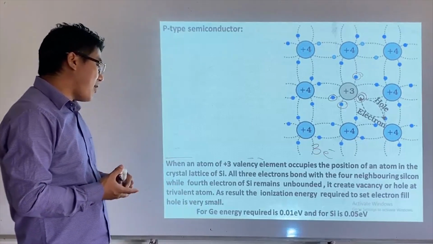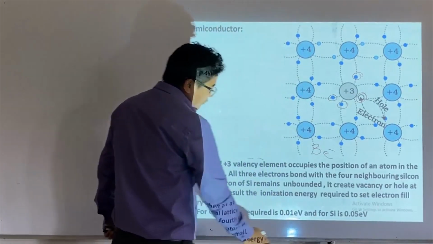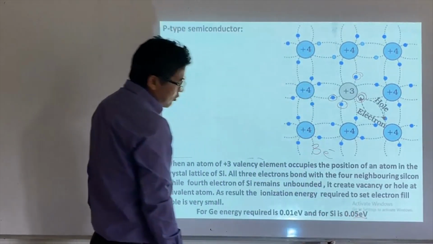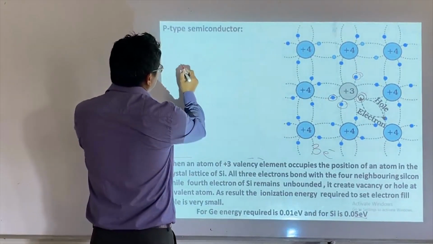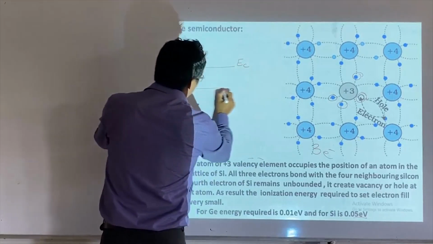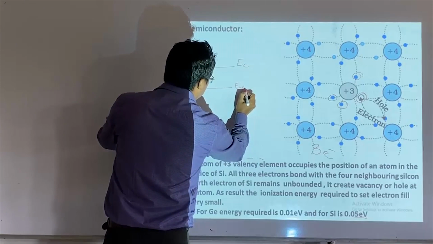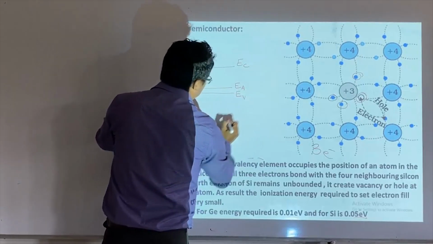For germanium it is 0.01, and for silicon it is 0.05. So it is like this: this is the conduction energy level, this is the acceptor energy level, and this is the valence energy level.